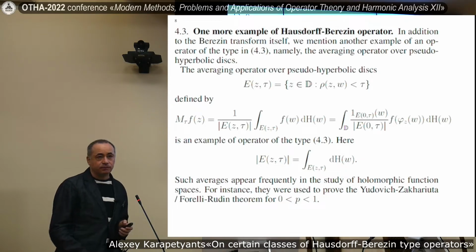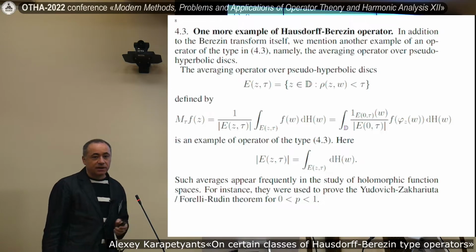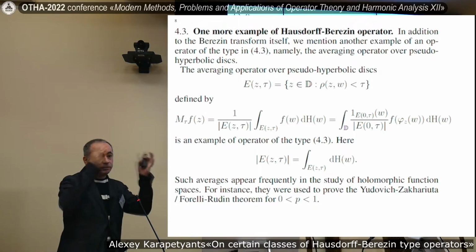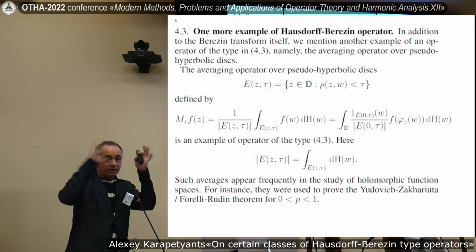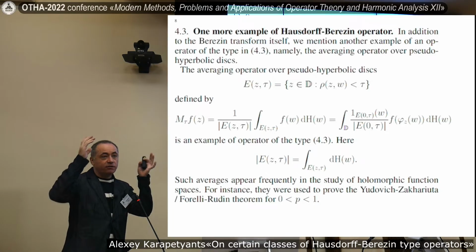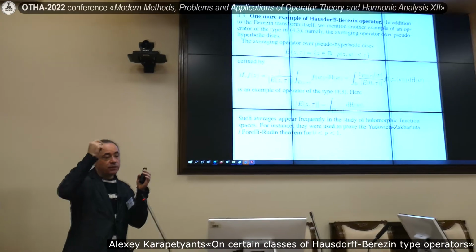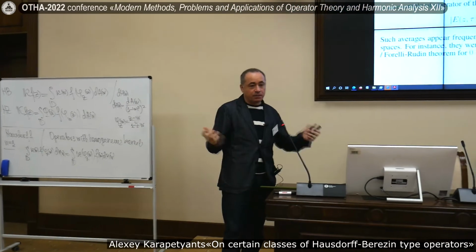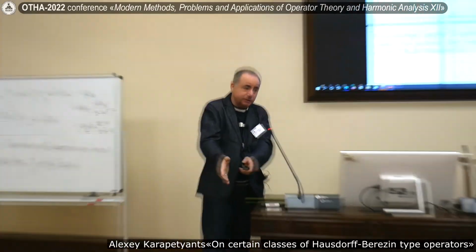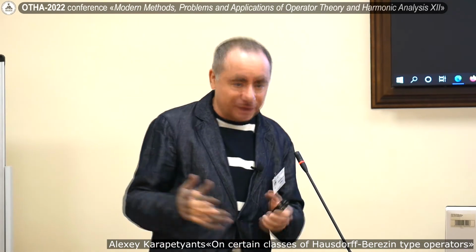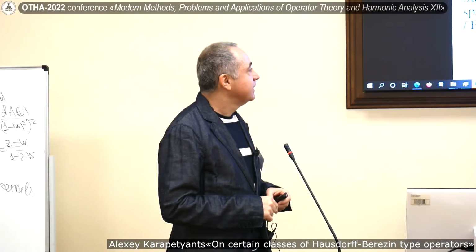We know that the Bergman projection is not bounded from L^p to A^p for this p. But when you consider holomorphic functions, you don't need to consider the L^p space. You may consider another Banach or normed space from which you have at least one bounded projection. And if you have at least one bounded projection, then you can operate with this holomorphic space. You can prove duality, you can prove many things.